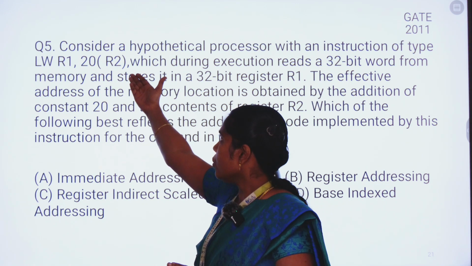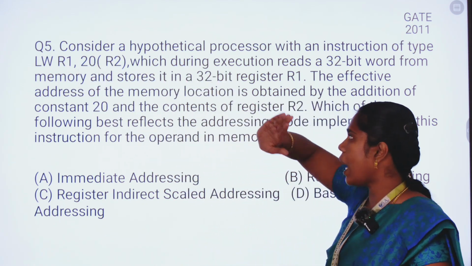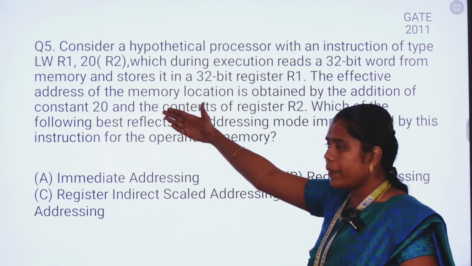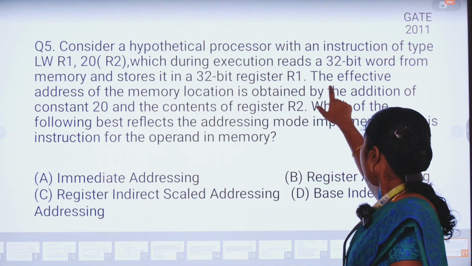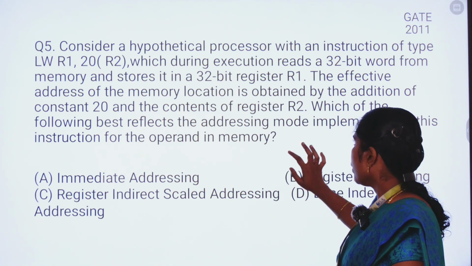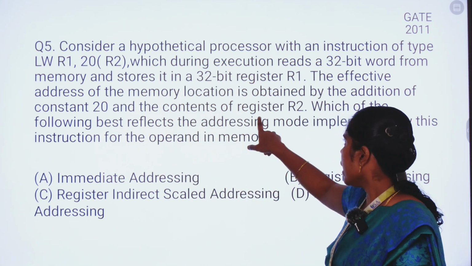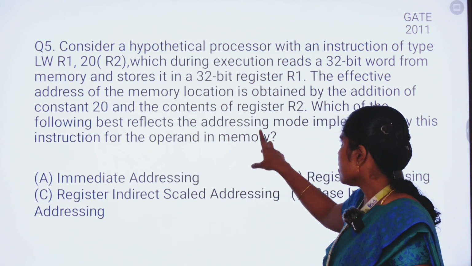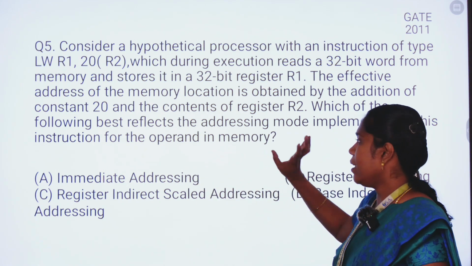The contents of R2 are added with the value 20 and the value is loaded into register R1, which during execution reads a 32-bit word from memory and stores it in a 32-bit register R1. The effective address of the memory location is obtained by the addition of a constant 20 and the contents of the register R2. Which of the following best reflects the addressing mode implemented by this instruction for the operand in memory?